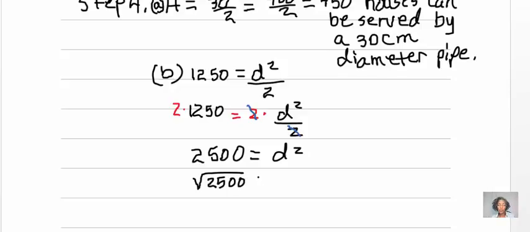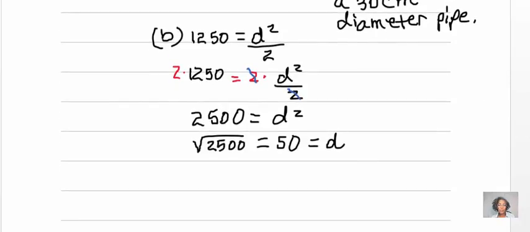So the square root of 2500 is actually 50, and that equals d. So we know when we use the square root property, you normally get a plus or minus. In an application problem, you only use the answers that make sense for the problem.